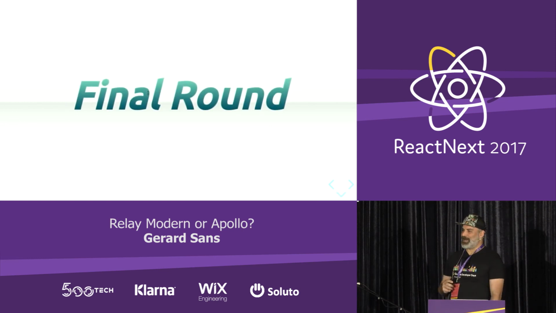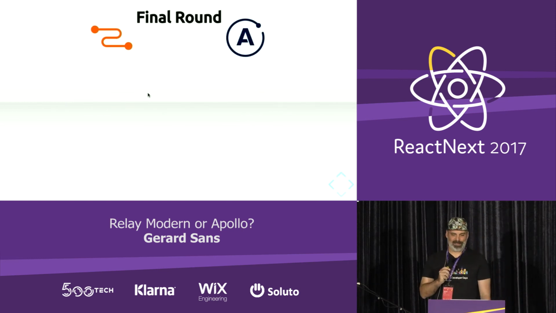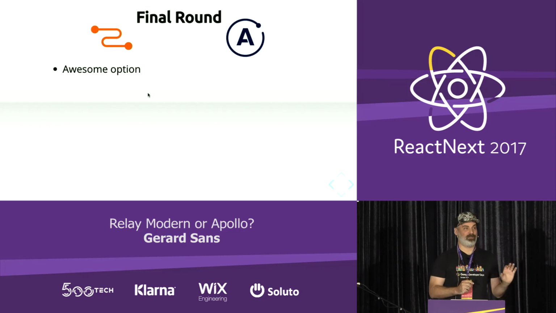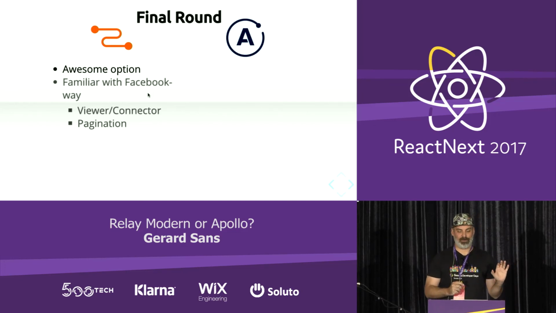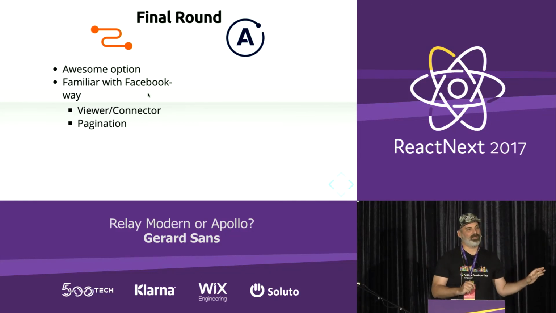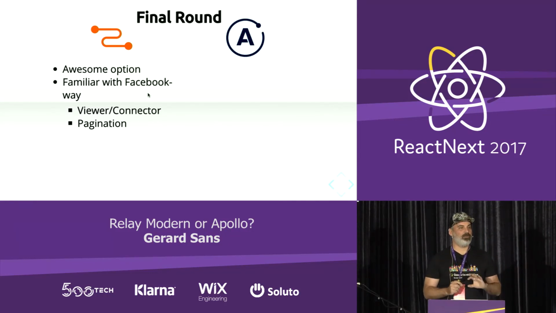So for the final round, if you got this far, you really want to see which one of the two is best. So let's see that. Relay Modern, awesome option, really good. If you are familiar with Facebook ways, so if you already use Relay Classic, this is probably the best option for you. You will see all the concepts that you are familiar with, and you will maybe even build faster.